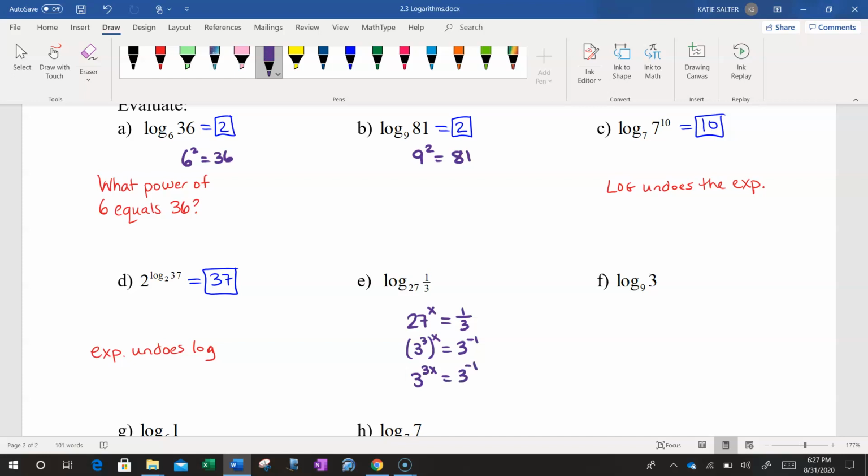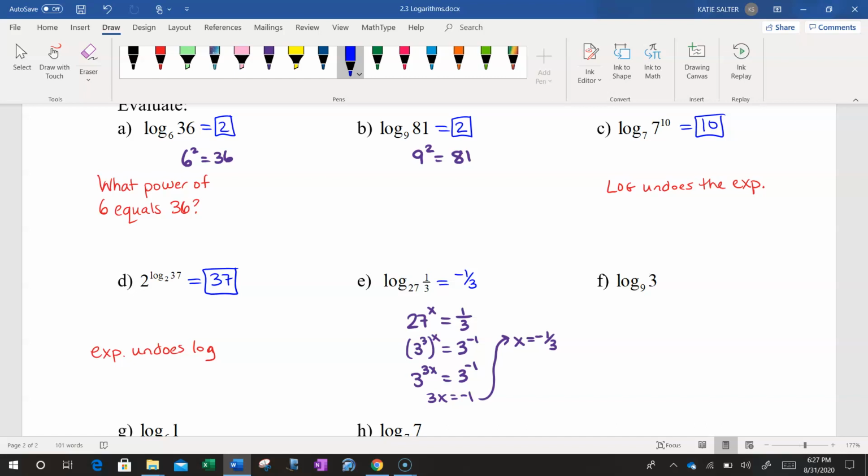Now that we have the bases exactly the same, property of equality tells us that 3x equals negative 1. And then we divide each side by 3, and we get x is equal to negative 1/3. If you want to check that with your calculator, you will see that it works. If you raise 27 to the negative 1/3 power, you will get 1/3 because it means the cube root of 27, and then because it's to the negative power, it does the reciprocal of it.